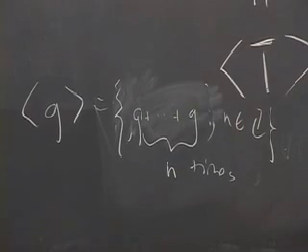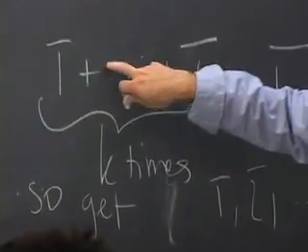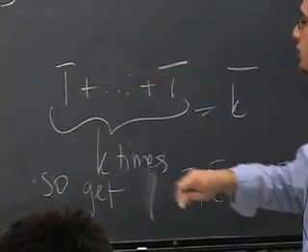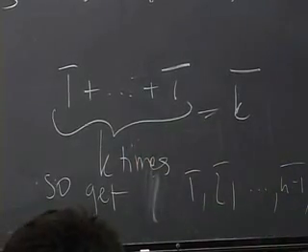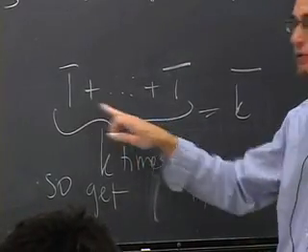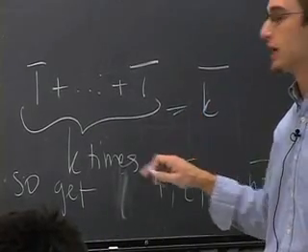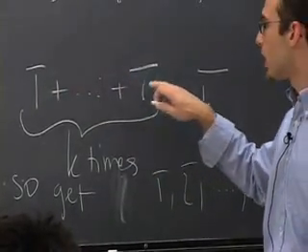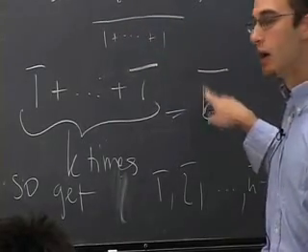In particular, the cyclic subgroup generated by 1 bar contains 1 bar, 1 bar plus 1 bar, 1 bar plus 1 bar plus 1 bar. So it certainly contains 1 bar added to itself k times. If I add 1 bar to itself k times, then I get k bar because of associativity. 1 bar plus dot dot dot plus 1 bar looks like 1 plus k times, all bar.